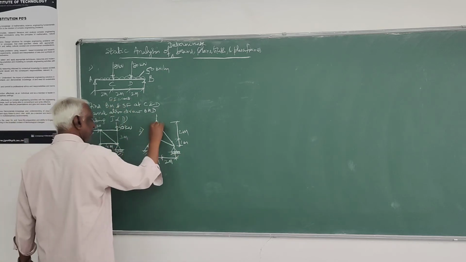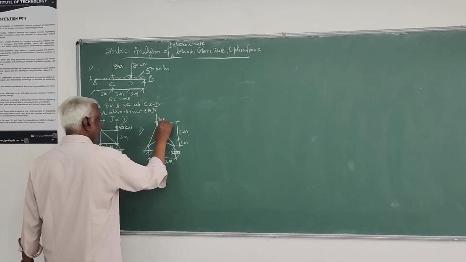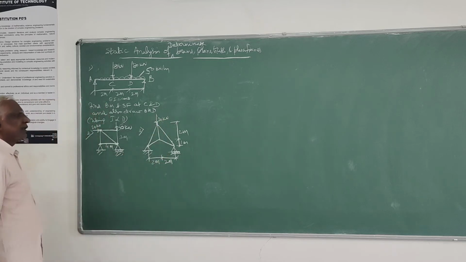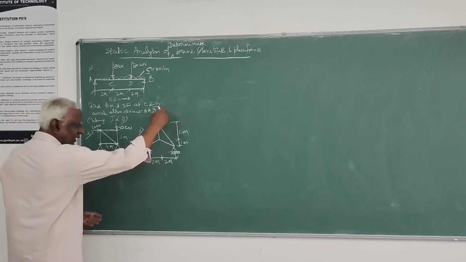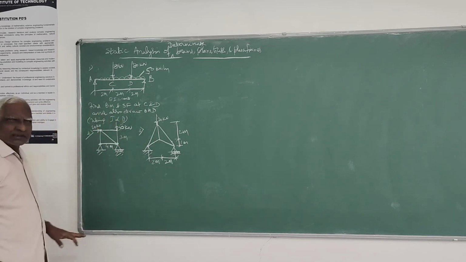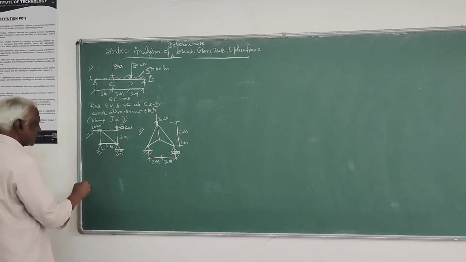So you can have just one load, 20 kilonewtons. Either we can give an angle on one side or the length of all sides.